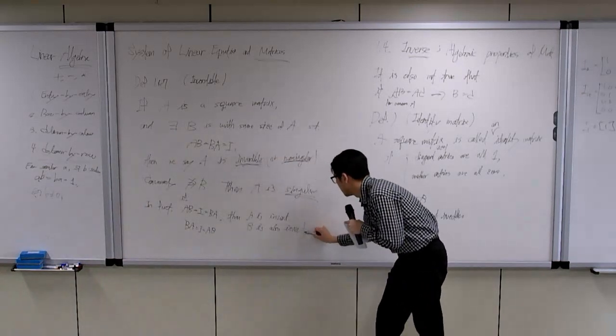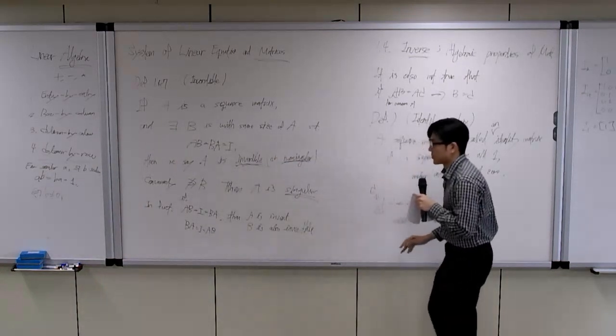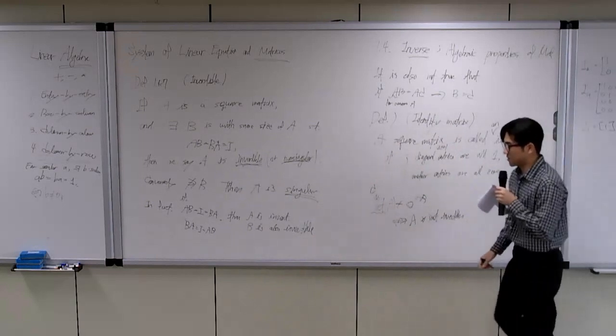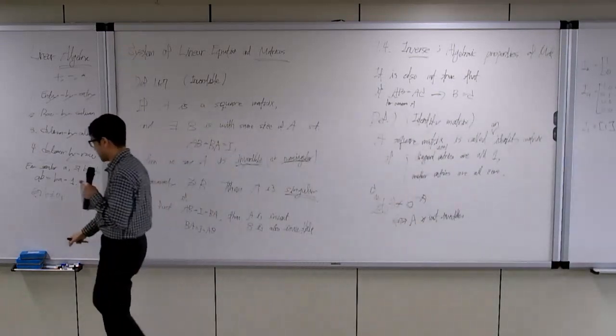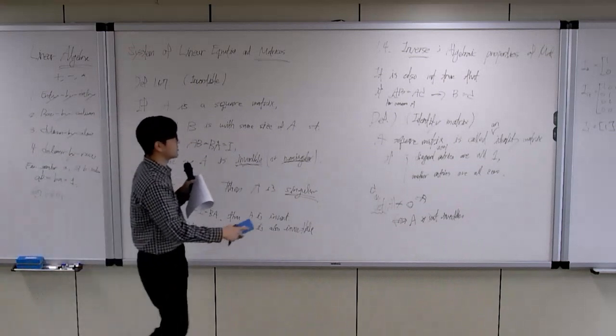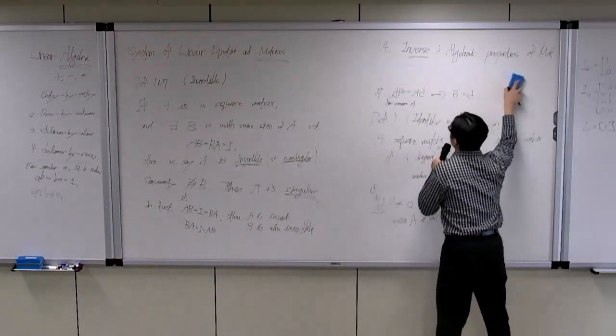So if AB is the identity, then A is invertible and B is also invertible.